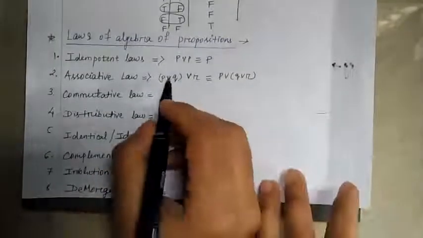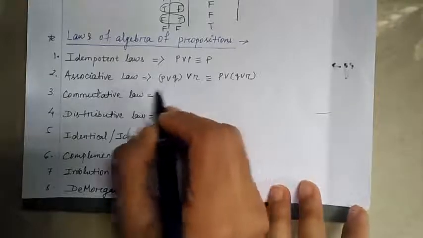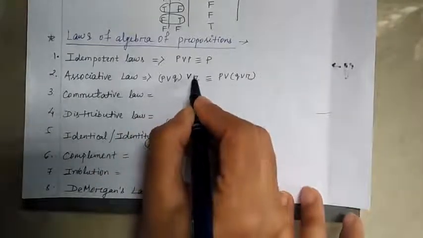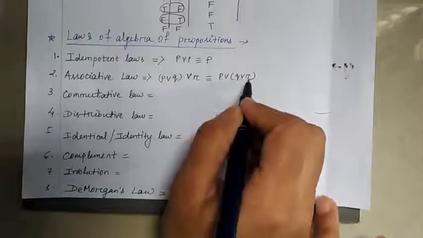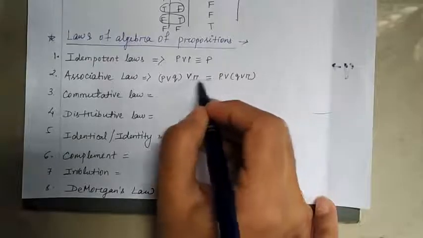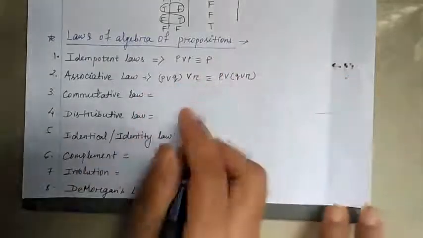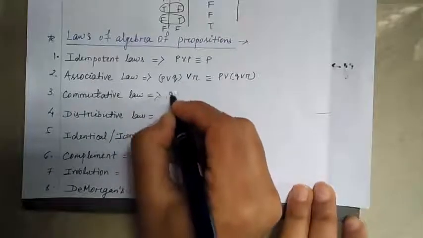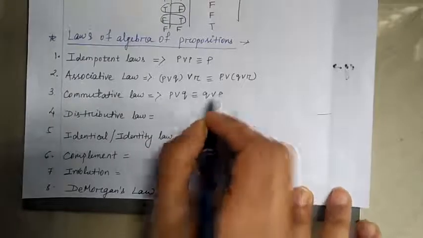So in associative law, first P or Q you will perform, then the result will be performed as OR with R. But in the second one, the result of Q or R will be performed as OR with P, but both cases will have the same result. Then commutative law, it is P or Q and Q or P, both are same.